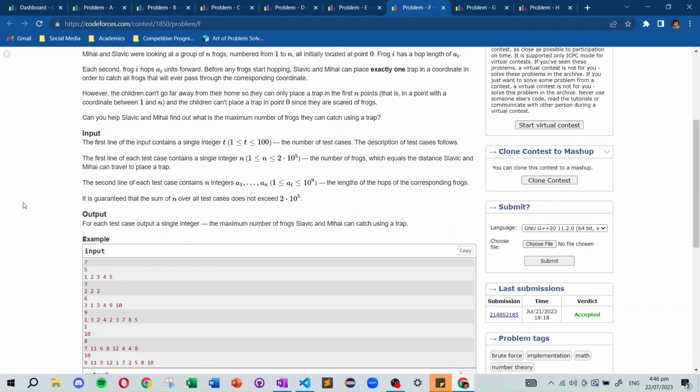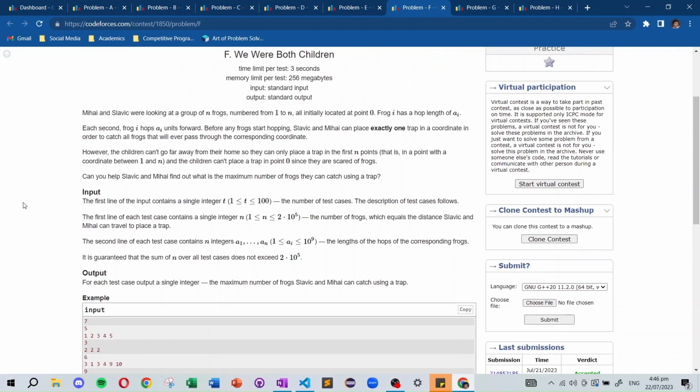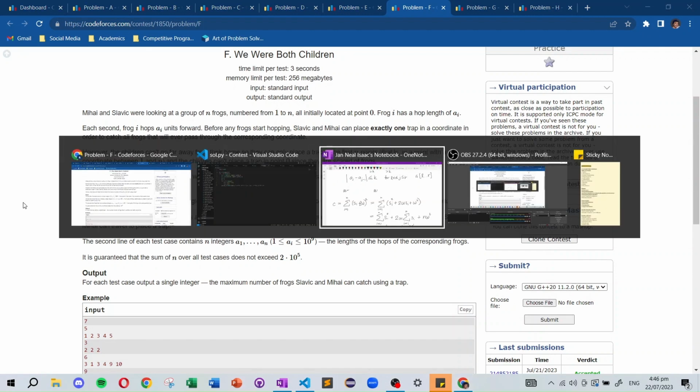It depends on where you place it in the first n points. And you cannot place it at point 0, obviously, because you would just catch everyone.